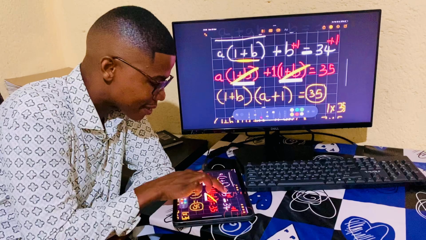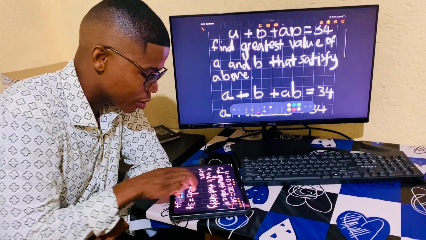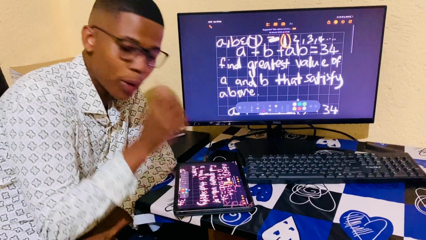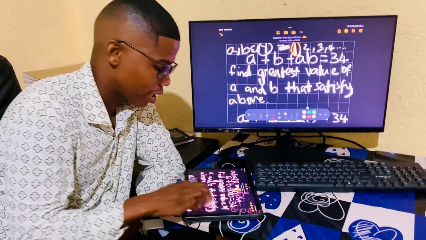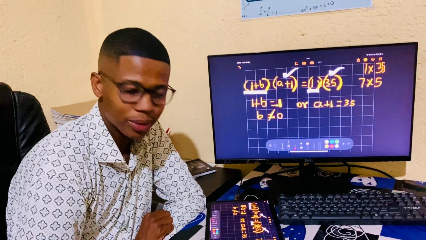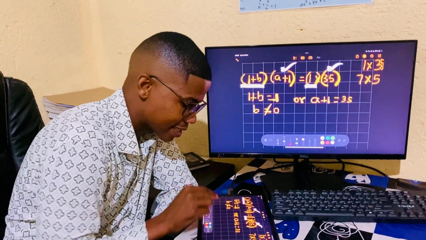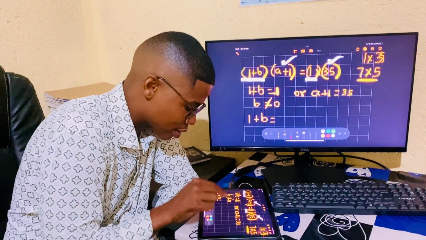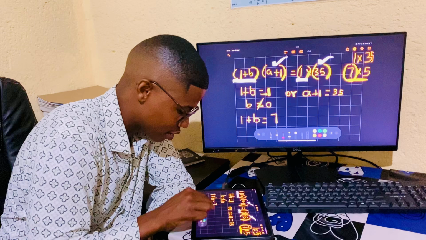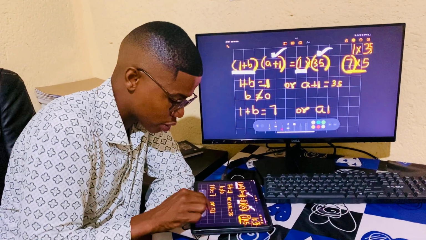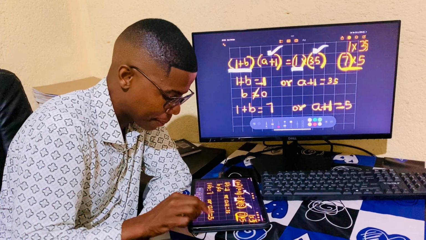But remember this, when we started the negotiations, we said A and B are natural numbers. They start at 1 going up. So we know that B cannot be 0. So obviously this option, we leave it out. Now we take the second option of 7 and 5. I'll say the first bracket, 1 plus B, equals the first number, 7, and the second bracket, A plus 1, equals the second number, 5.